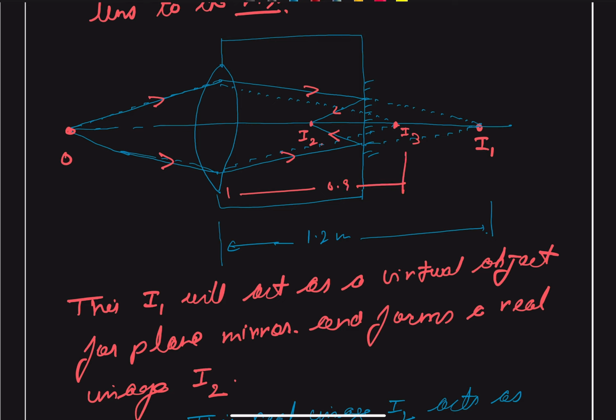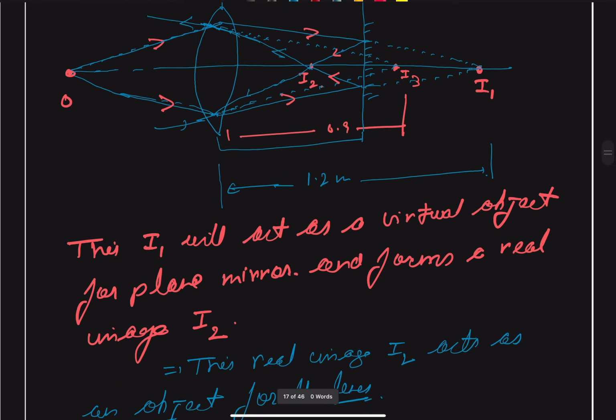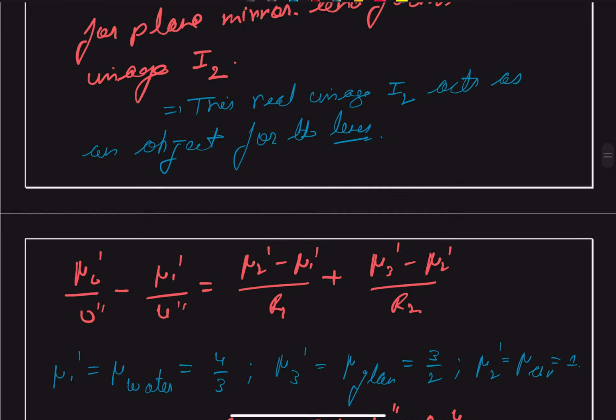So we can just complete this part. It will be bending in this direction, and this will also be in this direction. And this can be extended in the backward direction. Okay. So this completes this particular question.